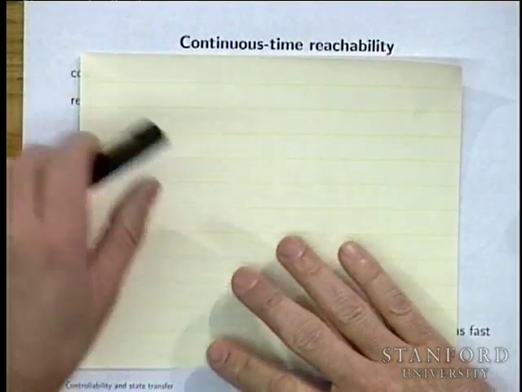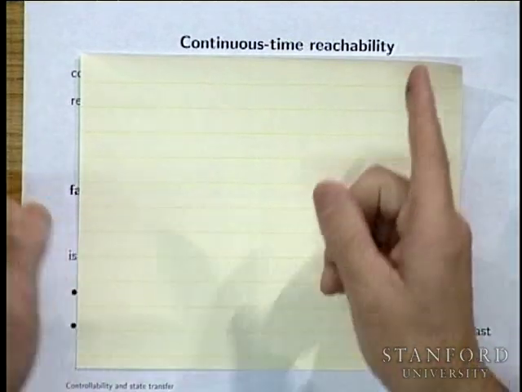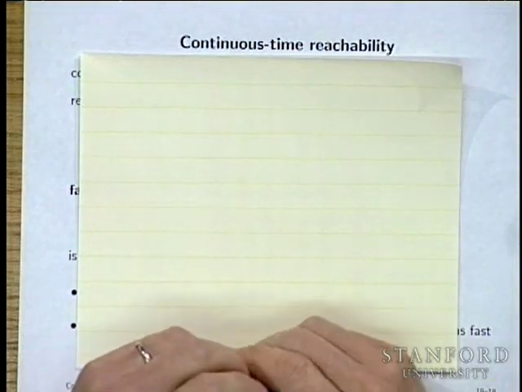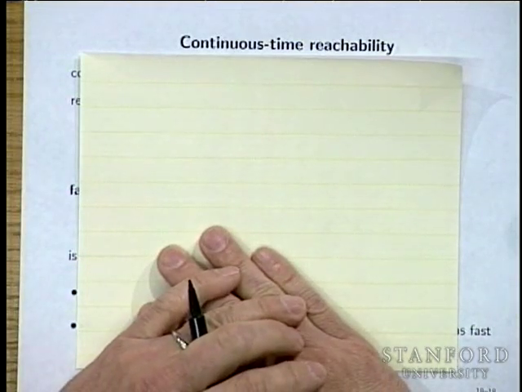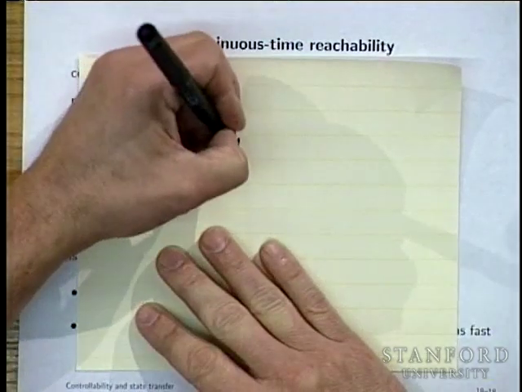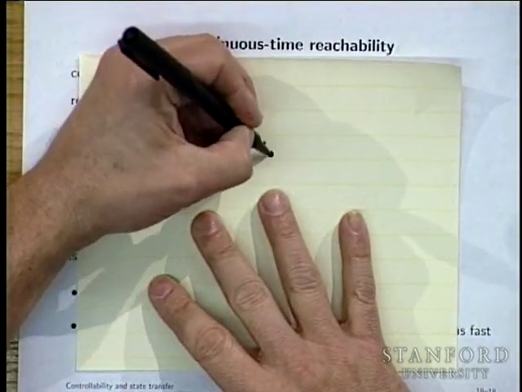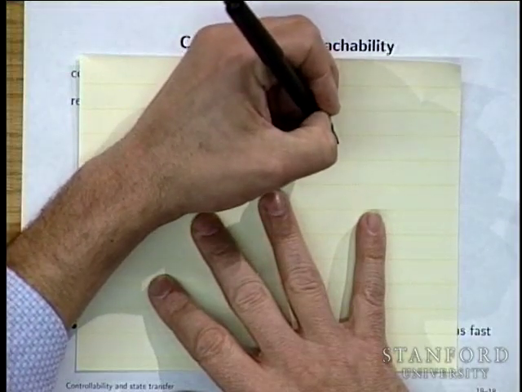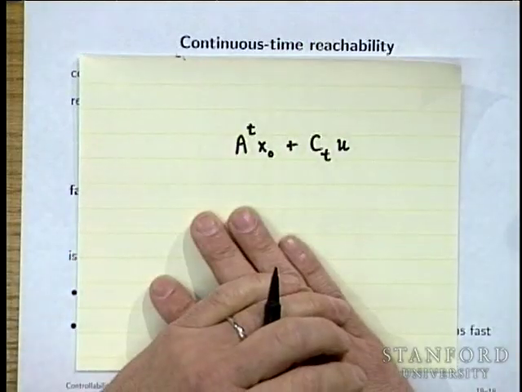So what happens is you want to, well, let's fix a time period. Then it's a linear problem, as to where you can get. So it's sounding to me like a bijective problem. So the final state is what? Let's say if you go t seconds, it's t epochs, it's A to the t x0, plus something like C_t times u, where u is really a stack of the inputs in reverse time.